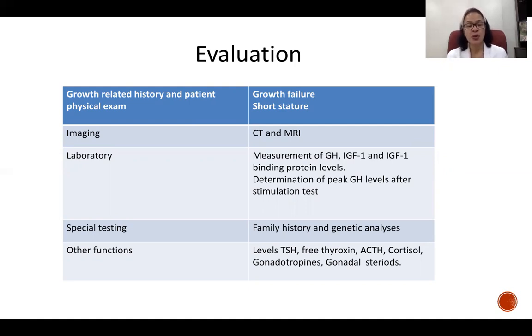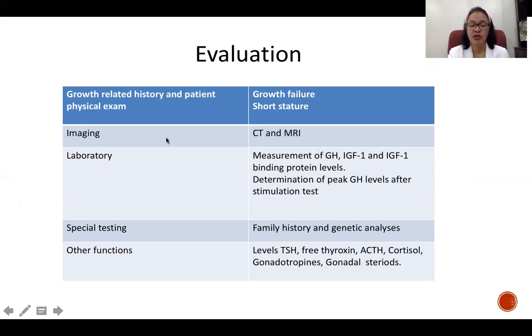No? So we have the following tools in the evaluation for this particular patient. Okay, so you can have imaging also, no? You can do your CT and MRI to confirm the presence of a mass.